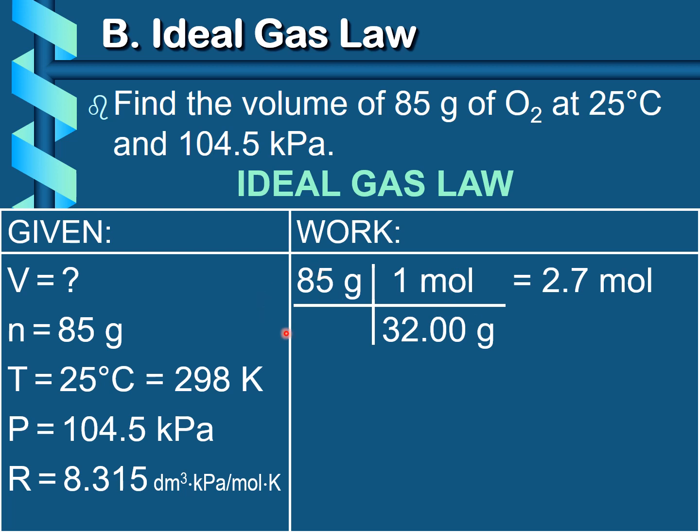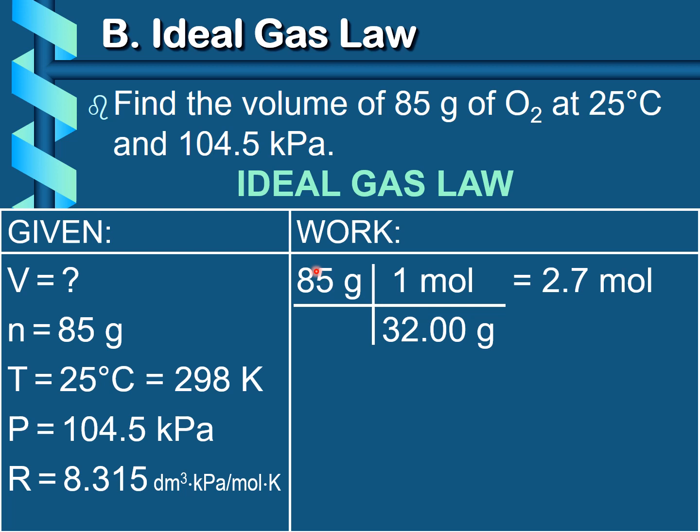Since we are given a mass, we multiply by 1 mole over 32 grams, or divide 85 grams by its molecular weight, to get the number of moles of that gas.